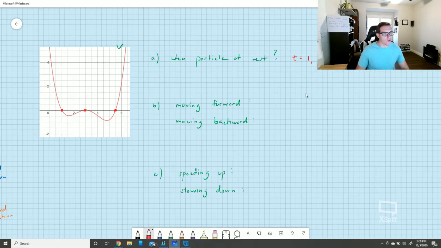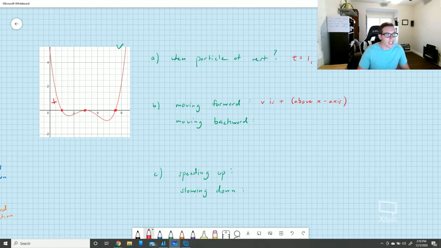Now, when is it moving forward? When velocity is positive. So in this case, this is the velocity curve, so above the x-axis. Okay, don't get confused. This is not a position curve. Position would be totally different because then it would have a negative velocity to start. So look, we have positive velocity to start. Because my derivative is positive, the particle is moving forward.